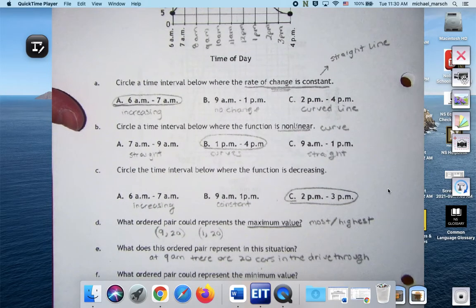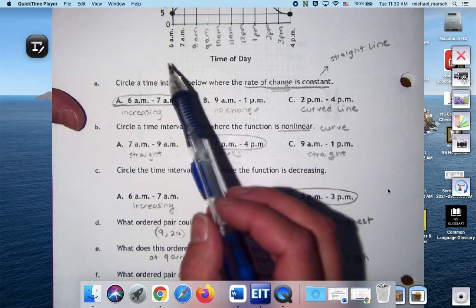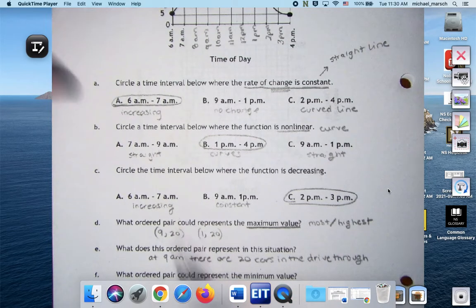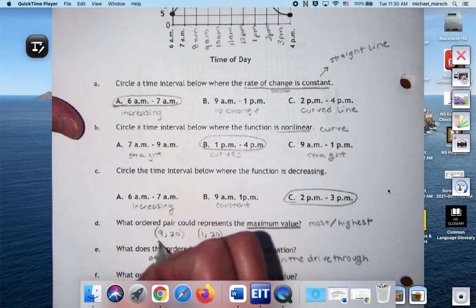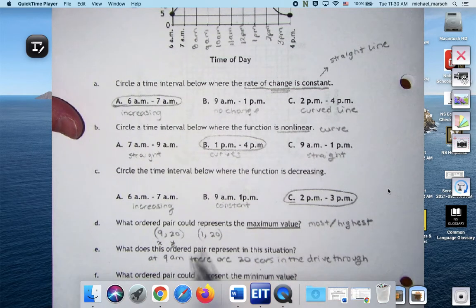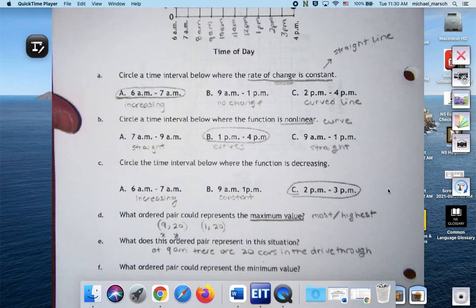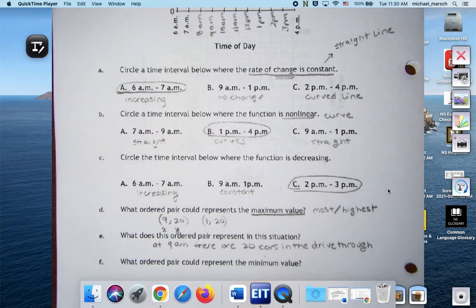And I know that because the 9 represents the time of day, 9 a.m. And the 20, the Y value, represents the number of cars. So my X and Y values, or I could say at 1 p.m. there are 20 cars, right? As long as you choose the correct ordered pair and you explain it correctly, there's many different answers you could have.